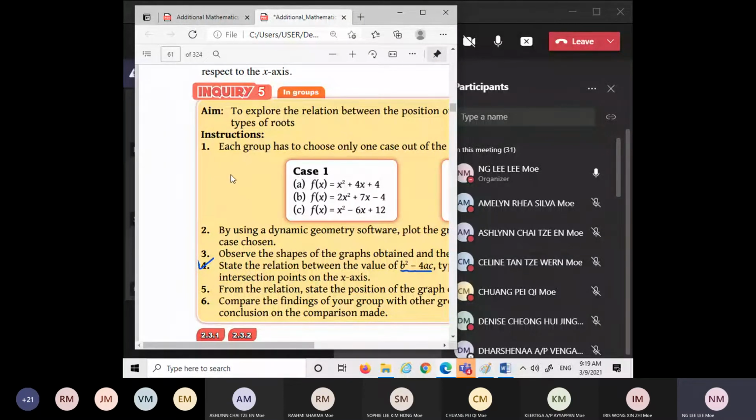What is b squared minus 4ac? Zero. Okay, 0. Thank you. So for this case it is equal to 0.